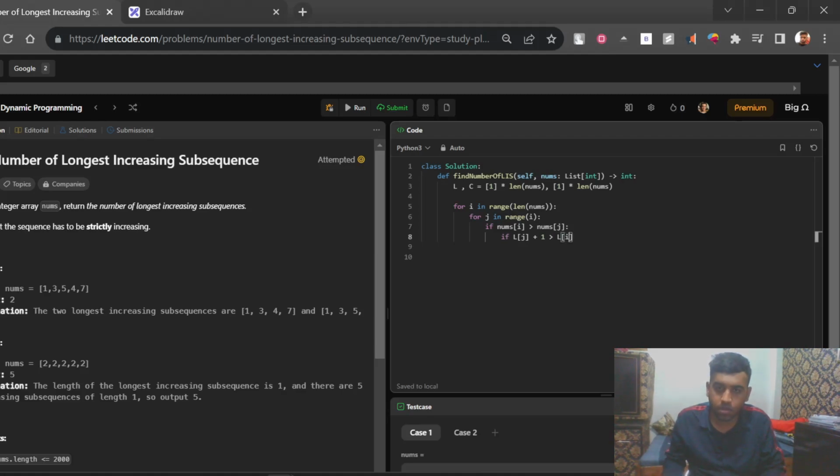Oh, sorry, it's a small l, not uppercase. If that's the case, what we are going to do, we'll do L of I equals to L of j, and we'll just add one here.